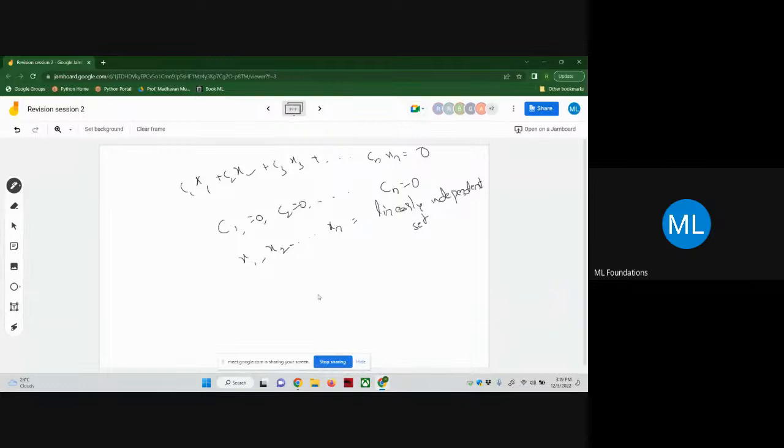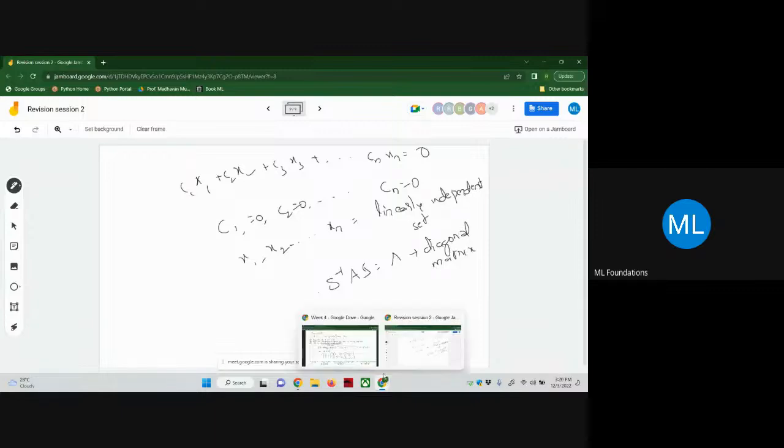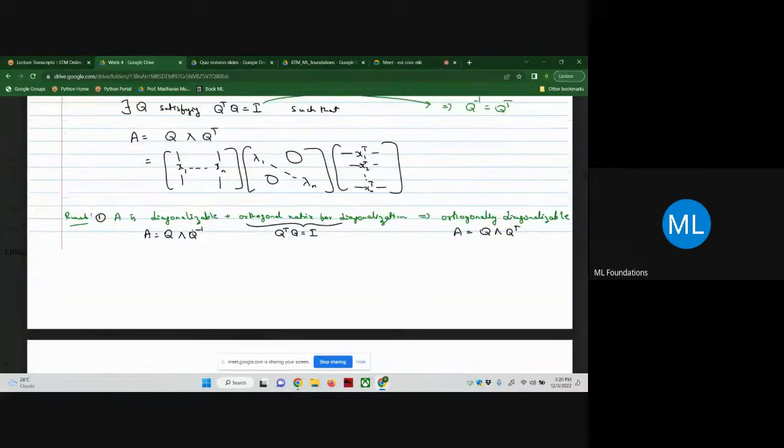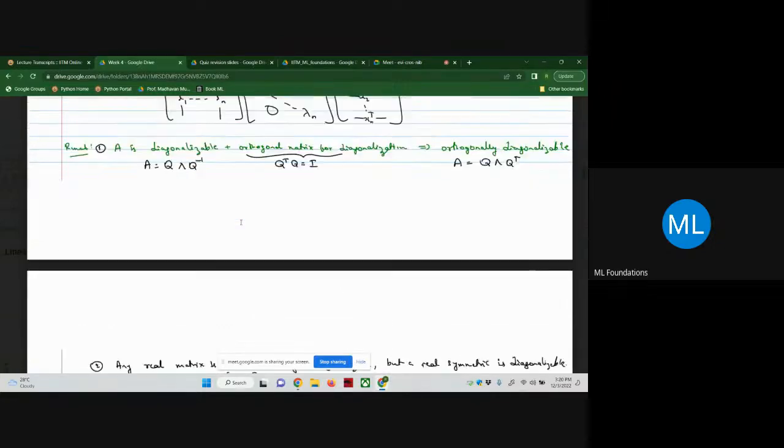Then S inverse AS is going to be equal to this diagonal matrix. But for the case of a symmetric matrix, what's going to happen is that Q inverse is going to be equal to Q transpose itself. I'll explain that in a bit.